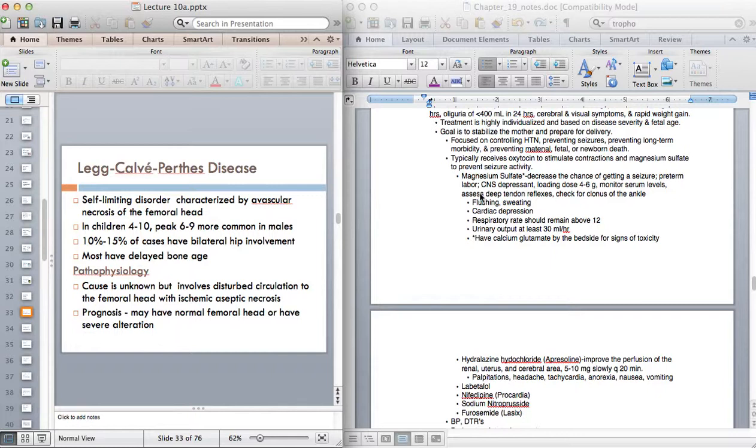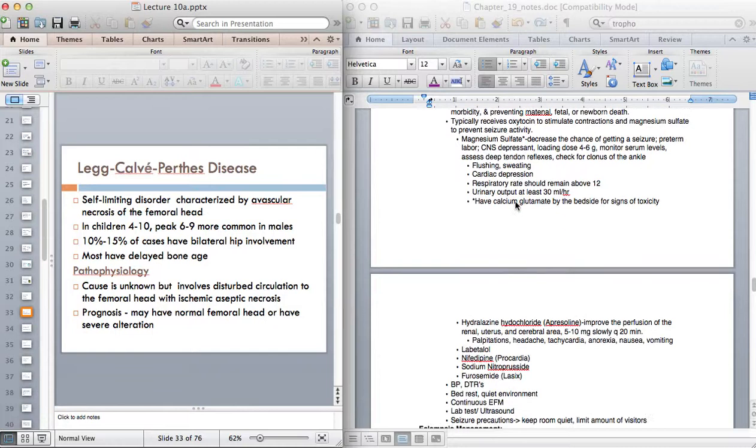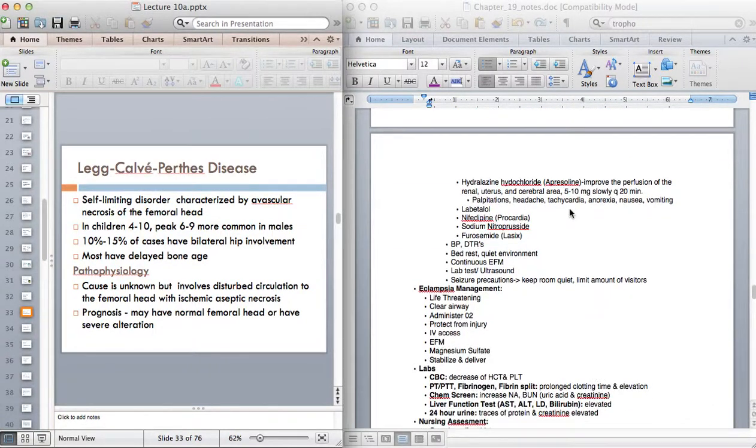So if this is identified on time and taken care of, then the child will have a good recovery from it. But one thing we know is that as the disease progresses, with total or complete loss of blood to the head of the femur, it becomes necrotic, and it will diminish the movement and range of motion of the affected extremity.